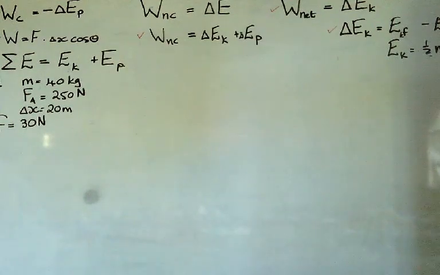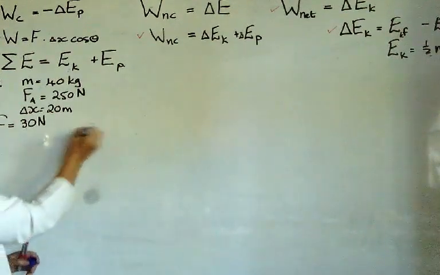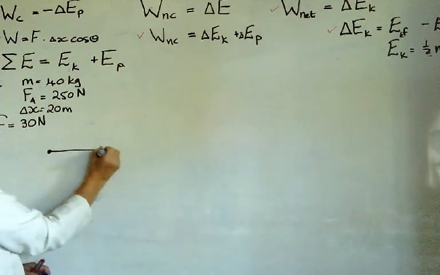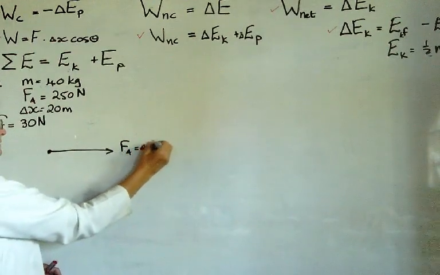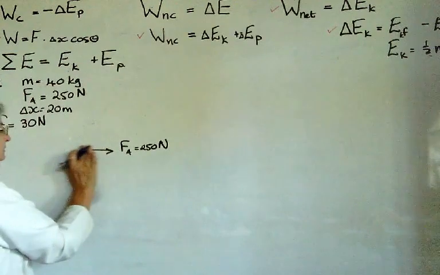Because it sounds familiar to me. But we did it in a different way. So is it a horizontal surface? Okay. The applied force is 250 newtons. Is it at an angle? Yes, of 30 degrees.